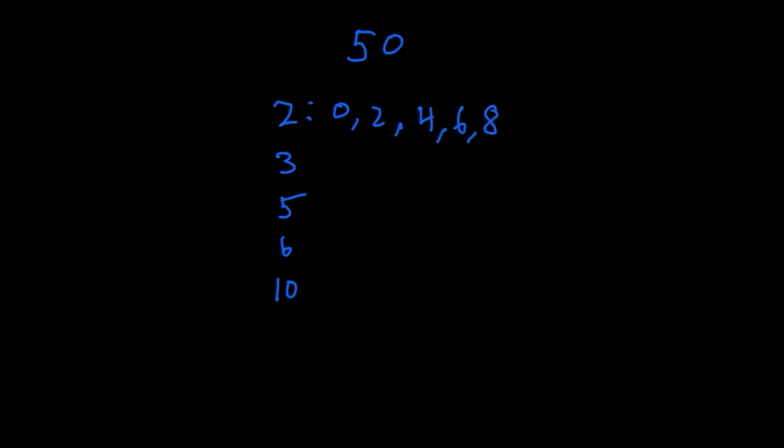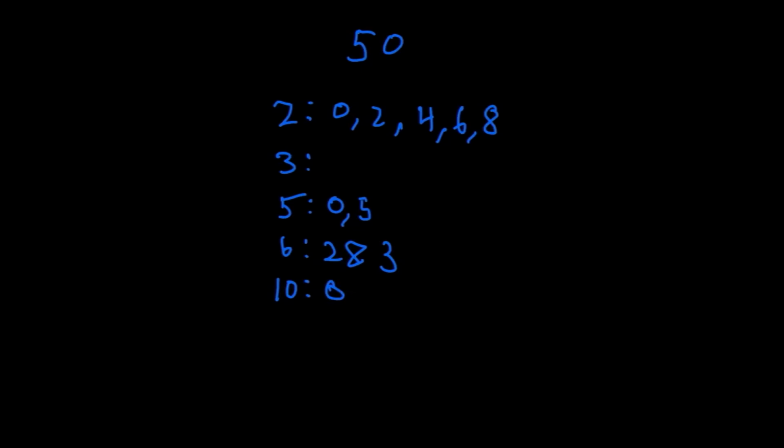For number 3, the sum of all numbers needs to end in a number divisible by 3. For number 5, the end must be 0 or 5. And for number 6, it must be divisible by both 2 and 3. And for 10, the number must end in 0.